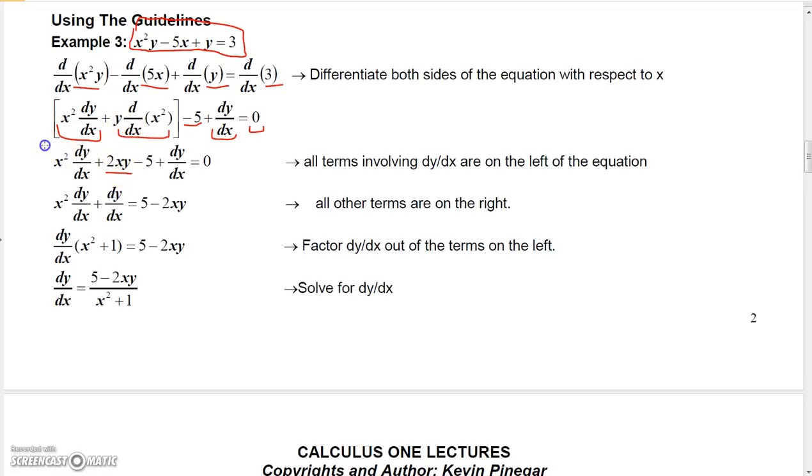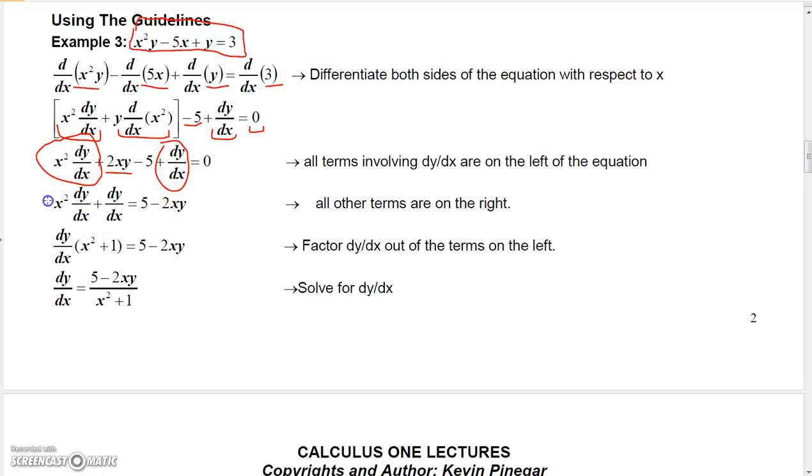Now notice here, this has a dy over dx in it, and this has a dy over dx in it. So the steps tell you to get all terms that have a dy over dx in it as a factor to the same side. So I'm going to keep these two terms on the left. And then I'm going to get the other two terms and move them to the right. So the 2xy, I move over here and it becomes minus 2xy. And the minus 5, I move across the equal sign, it becomes plus 5.